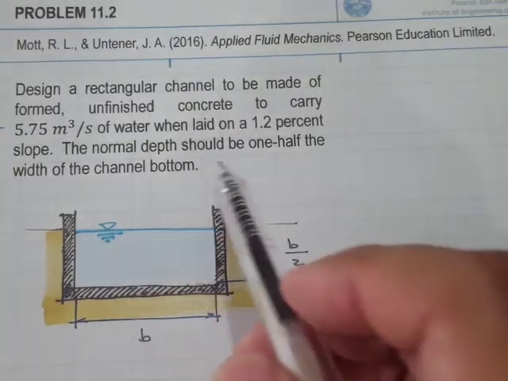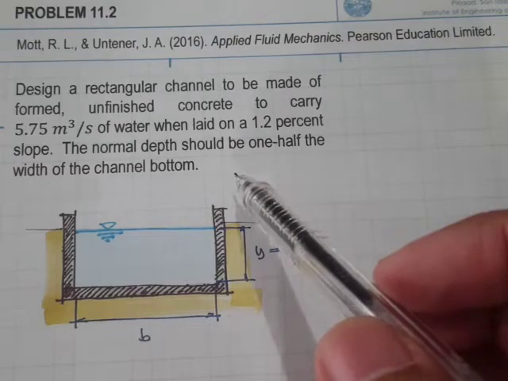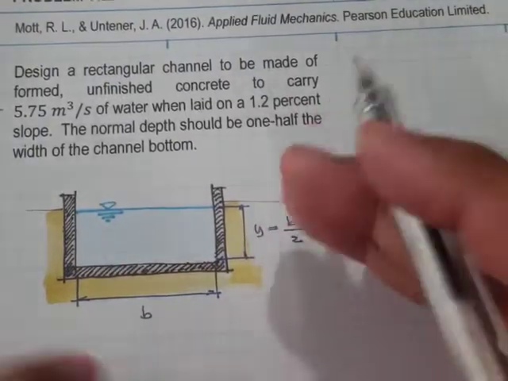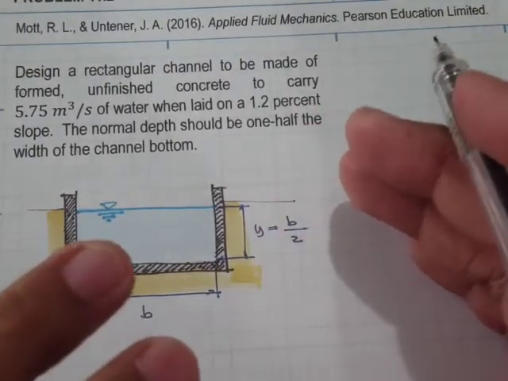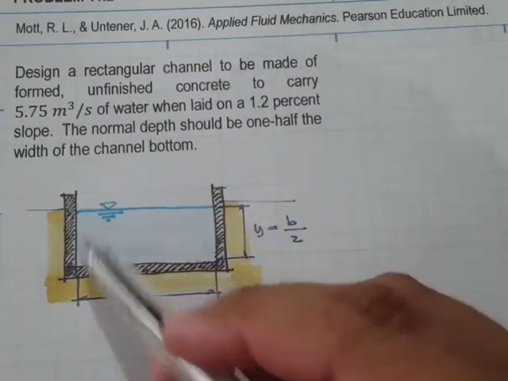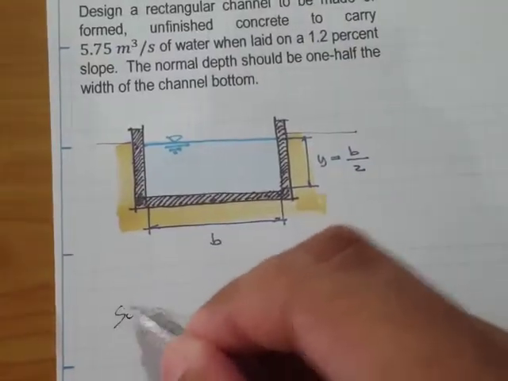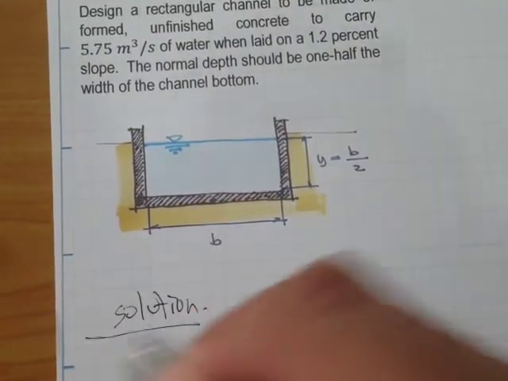The normal depth should be 1/2 of the width of the channel bottom. So this one is design. Basically, when you say design, we are trying to size up the channel based on the loadings that we have. But the basic equation is the same.